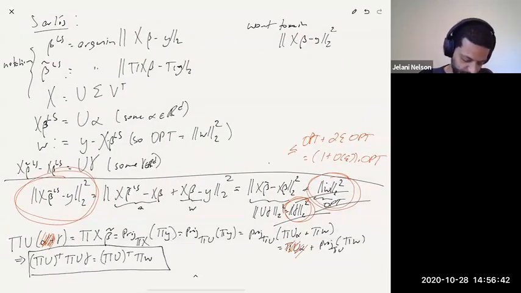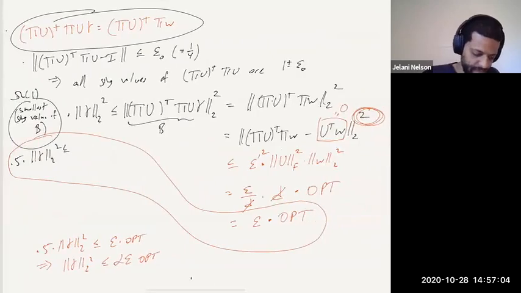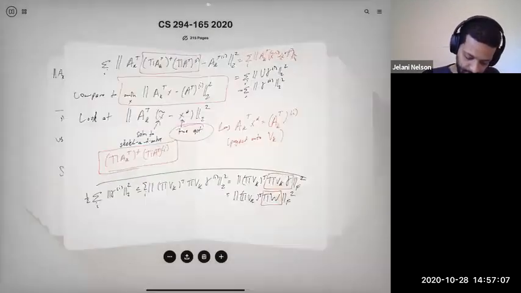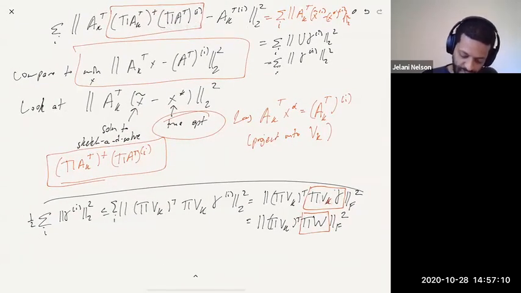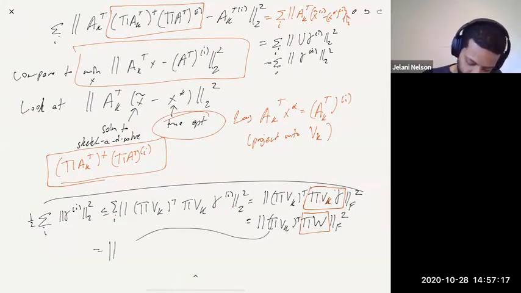This is exactly the analog of this, which said that this thing and this thing have the same projection onto the column space of pi U. And then you use approximate matrix multiplication to argue that this is equal to pi V_k transpose pi W minus V_k transpose W. This is 0.